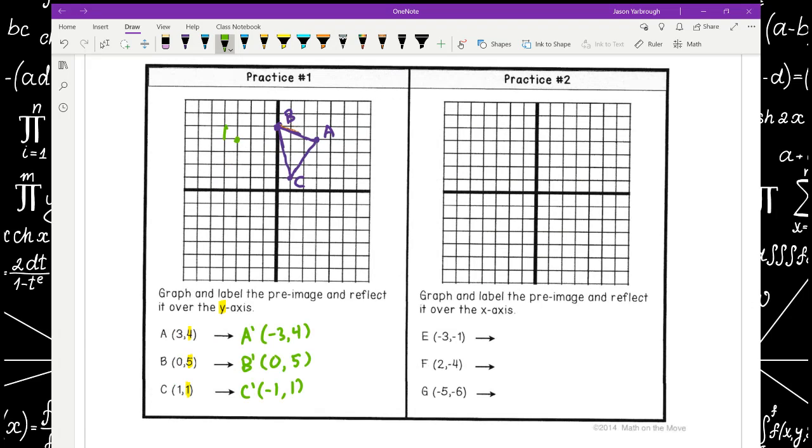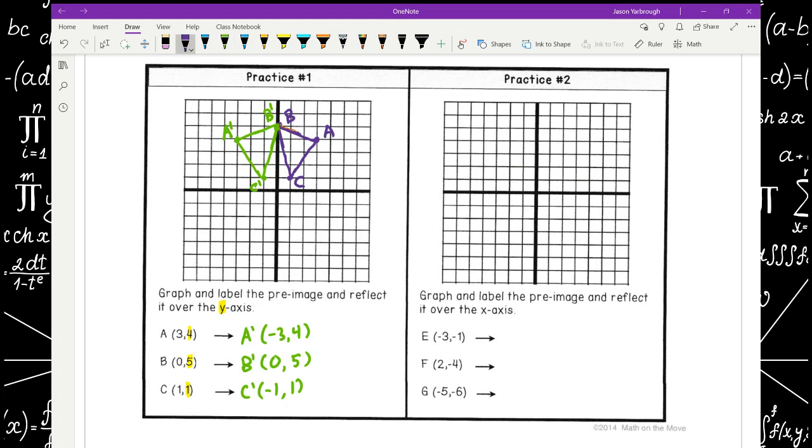Then 0, 5 is B prime. It's on the same spot that B is at. Notice that it is on the y-axis. That's why it does not change. And we go left 1, up 1. There is C prime. Then just connect these 3 dots. And notice we just did the reflection over the y-axis.